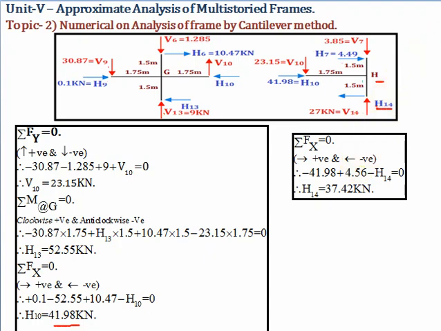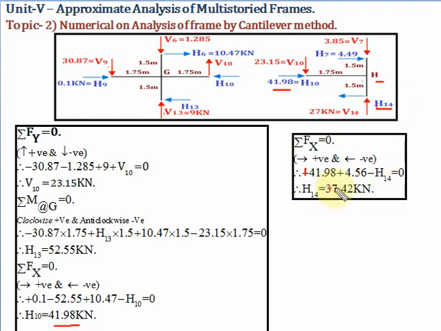So here we have to consider the summation of horizontal forces. So here 41.91, okay, it is acting toward the right hand side, plus, then 4.56 acting toward the right hand side, plus, okay, H14 is acting toward the left hand side.